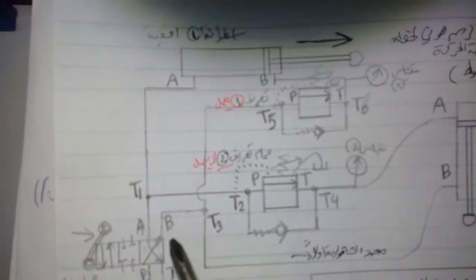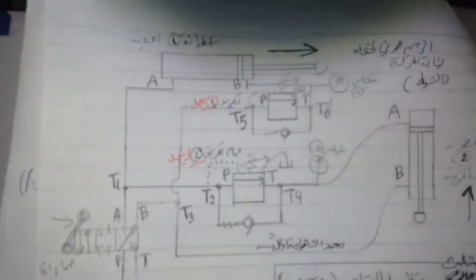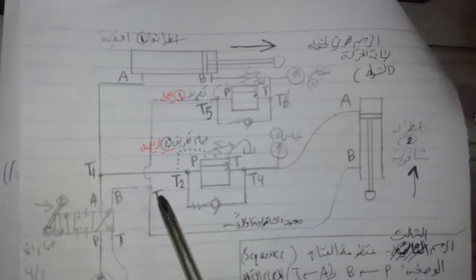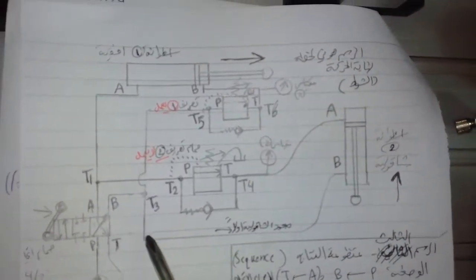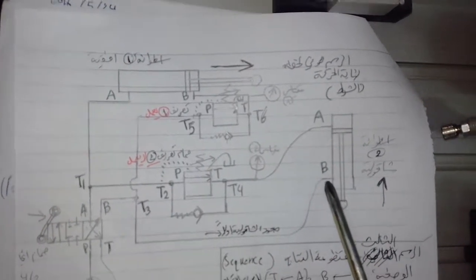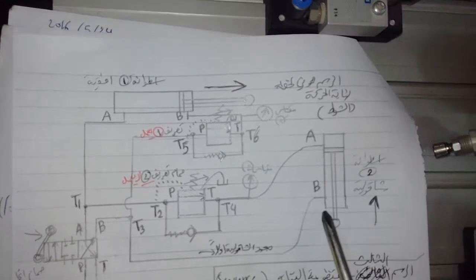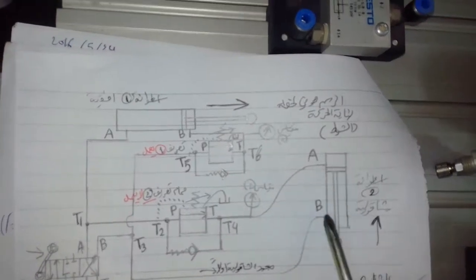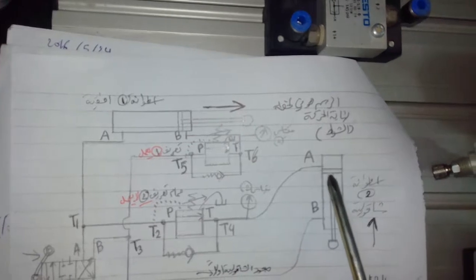And the second push for the directional valve, as we see here, it would connect P with B and A with T. The pressurized oil would flow from P to B, then to T3, branch T, then it would go to the B port in the vertical cylinder to lift the piston upwards.